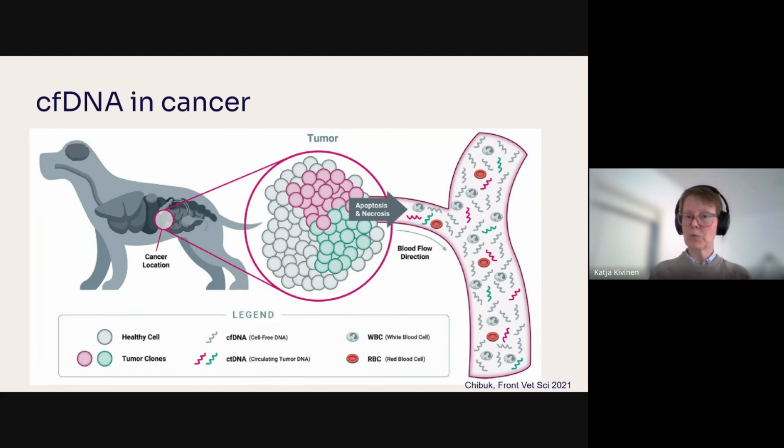So there's necrosis as well, and that releases a lot of DNA. And also there are these metastatic cells that are traveling in the circulation as well. So there are different ways of this DNA ending up in the circulation.